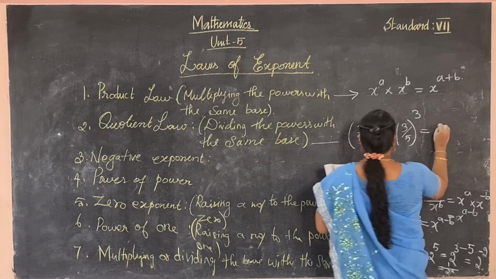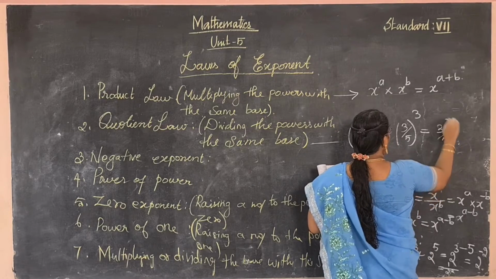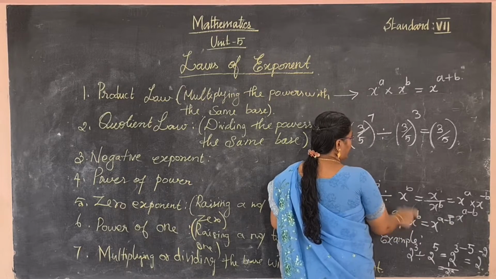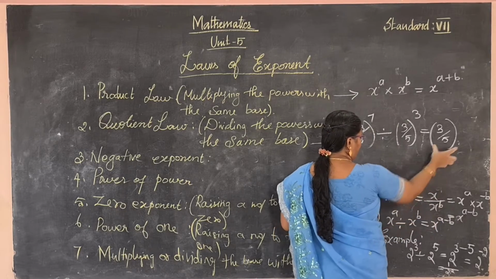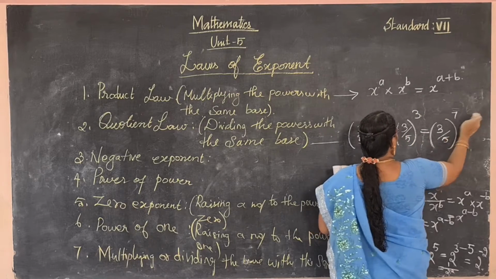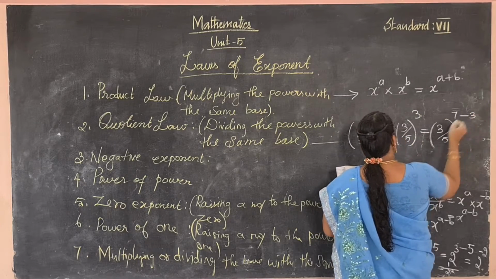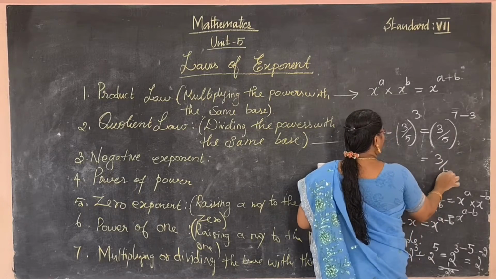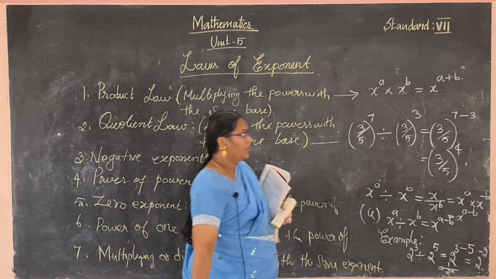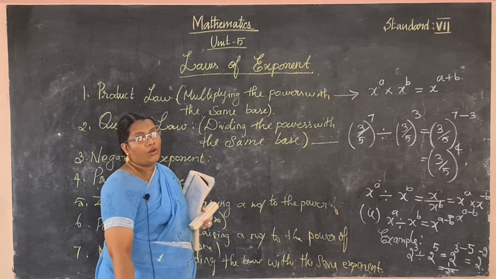The base value is 3 by 5. The formula is x power a divided by x power b is equal to x power a minus b. The a value is 7, the b value is 3. So 3 by 5 the whole power 4, since 7 minus 3 is 4.